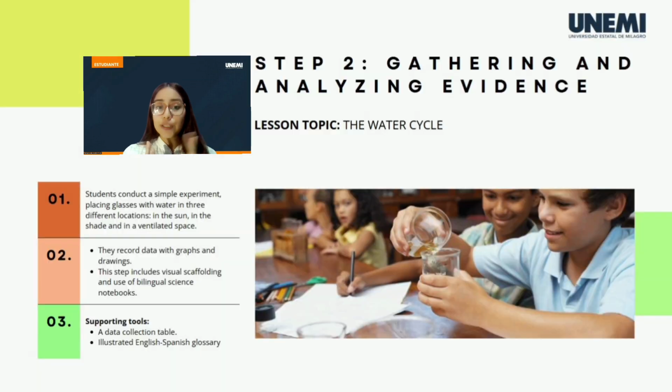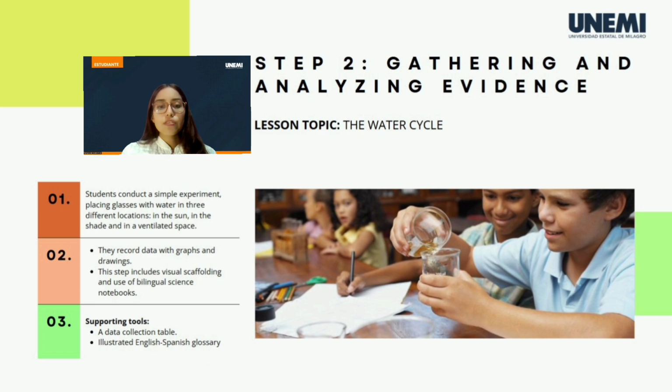Science lesson part 2, capturing and analyzing evidence. Students conduct a simple experiment in class by placing cups of water in 3 different locations: in the sun, in the shade, and in a ventilated space. They measure how much water evaporates each day and record the data with graphs or drawings.